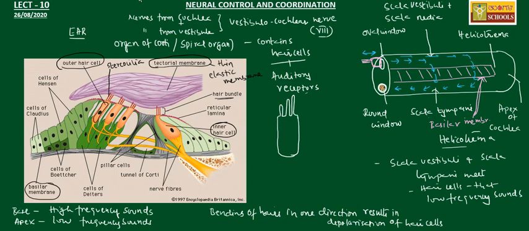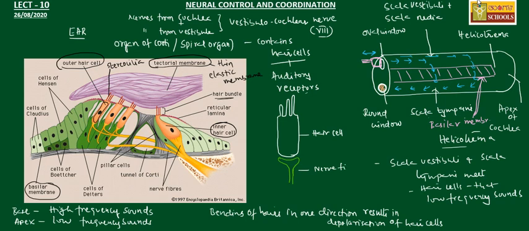So this is how the stereocilia are present, and below this is the nerve. There is a synapse that exists between the hair cell and the nerve fiber.